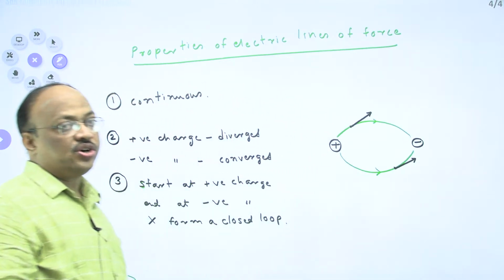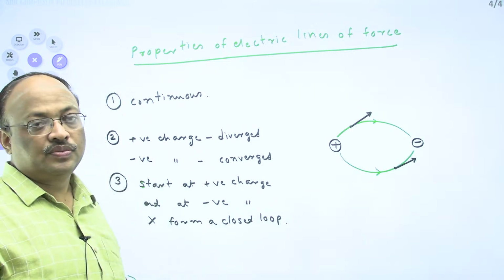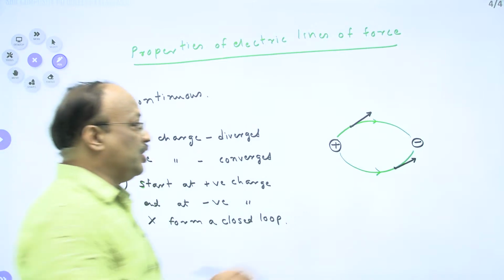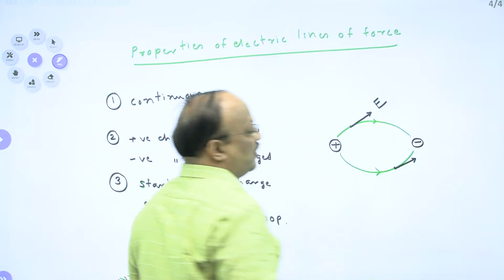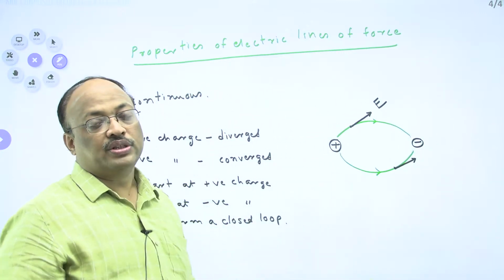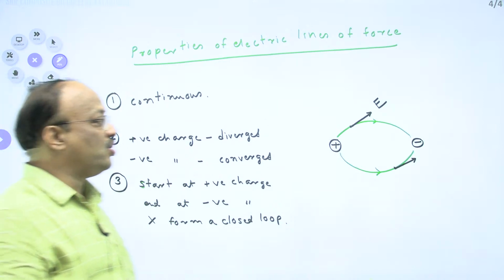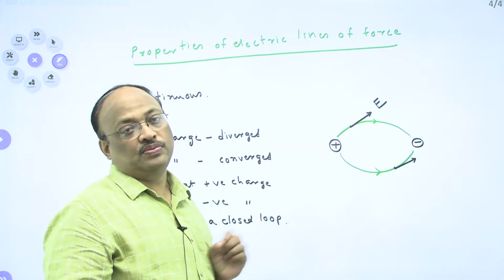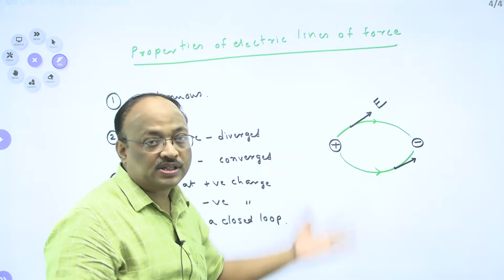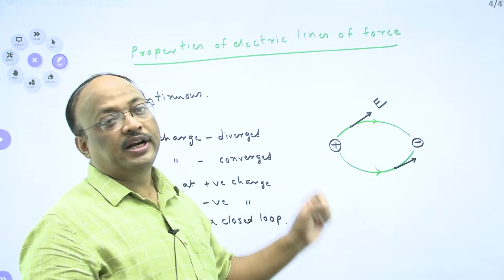That will give you the direction of the electric field. Tangent drawn to the electric line of force represents the direction of the electric field.